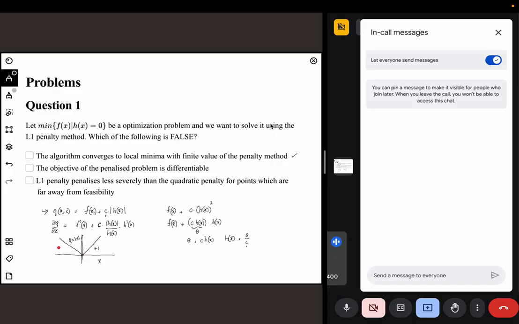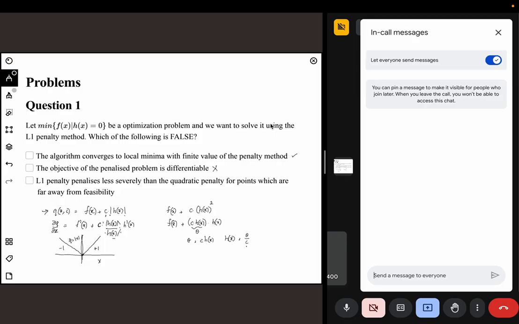If x is negative, the derivative is minus 1, right? So it is not a differentiable function. Mod x is not differentiable at x equal to 0. It is a continuous function, but it is not differentiable because of this modulus. And this is exactly the reason that even if you use an L1 penalty, you cannot directly use a gradient based method. You can use it, but it would be a little difficult and tricky to take this into account. So you have to use some methods which do not use gradients.